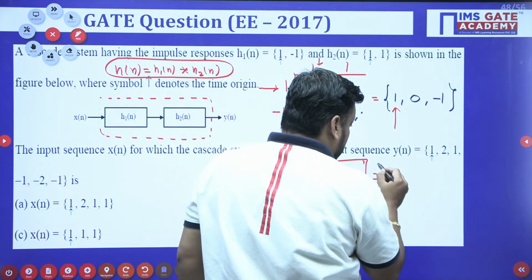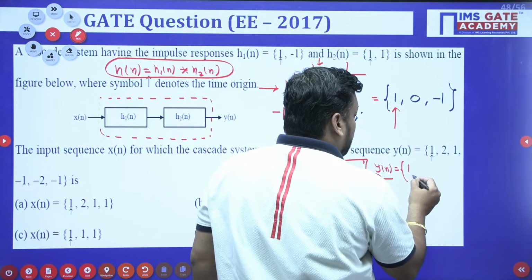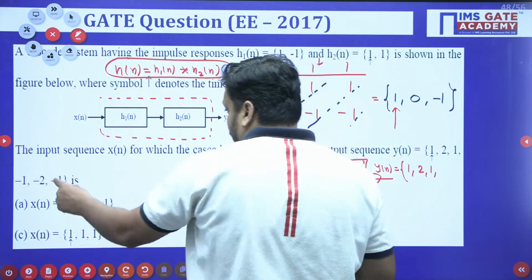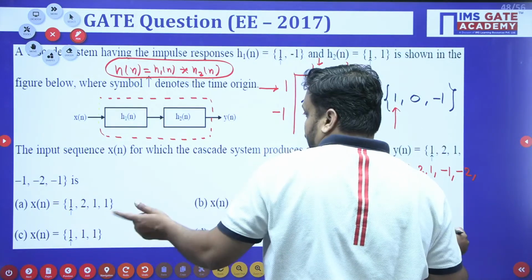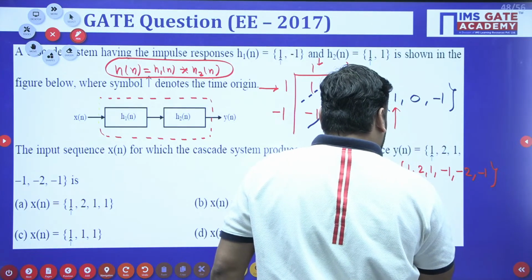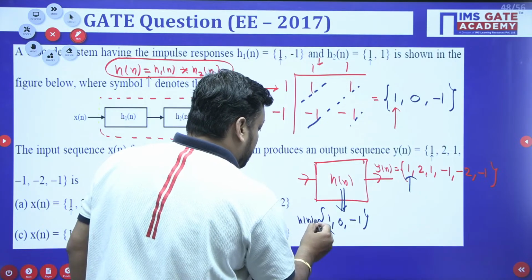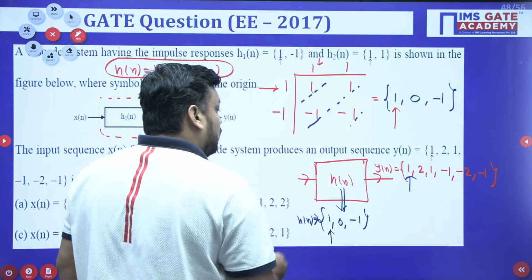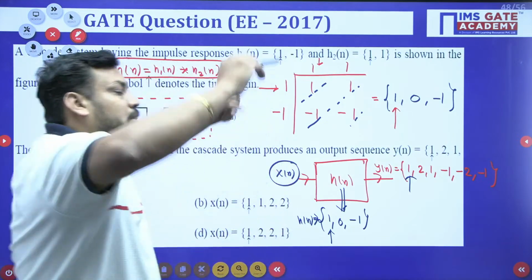And y of n is 1 2 1, 1 2 1, and minus 1, minus 2, minus 1. So we have y of n and h of n, and now we need x of n.